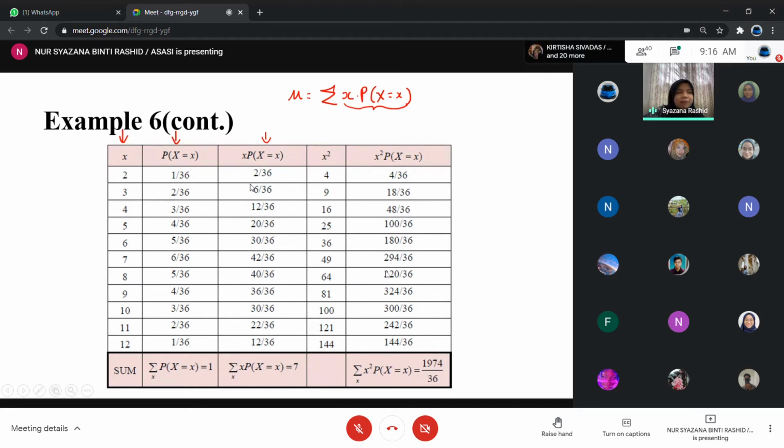Kemudian you sum up all the value. Sebab ada summation dekat depan dia kan. So you sum up all the value. So you dapat 7. So sebenarnya you dah dapat mu, which is equals to 7. Basically, finding mu, you will get it straight away from the table. Terus dapat daripada table. Daripada column ni, lepas you sum up, you terus dapat you punya mean.